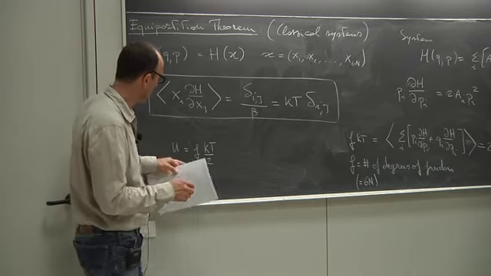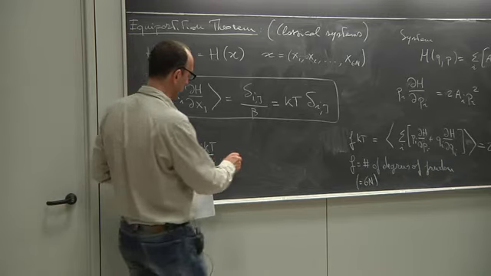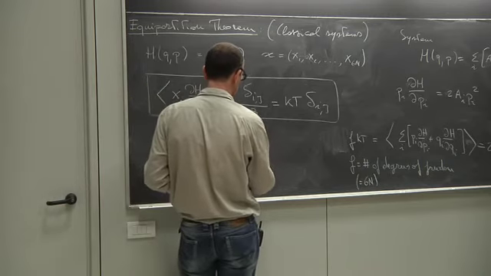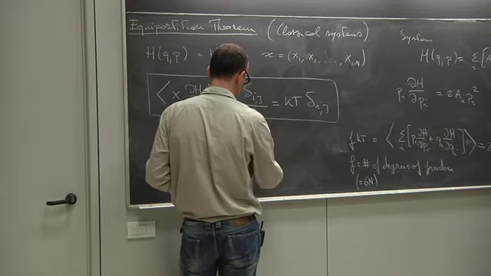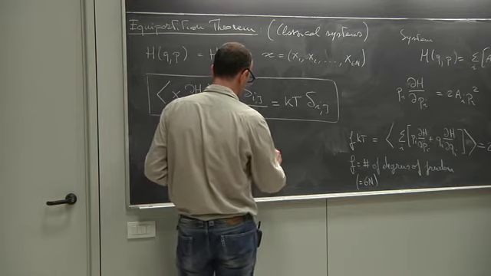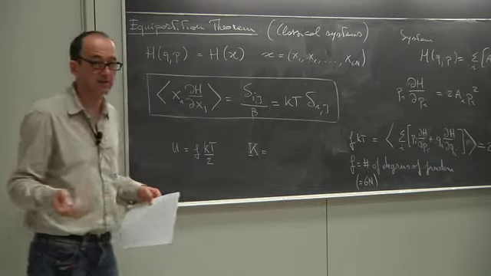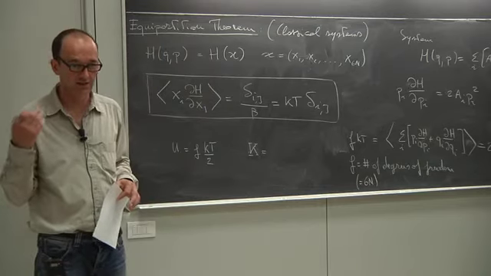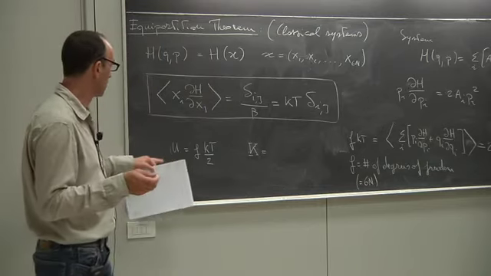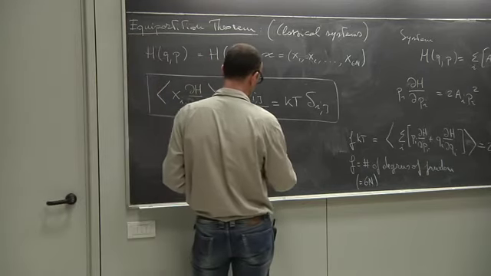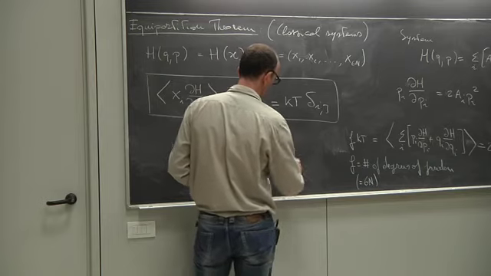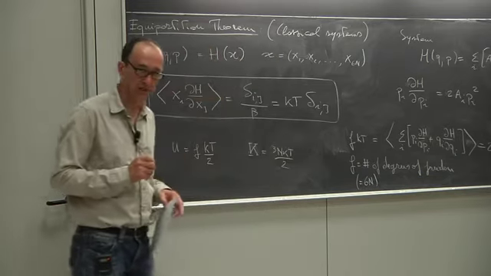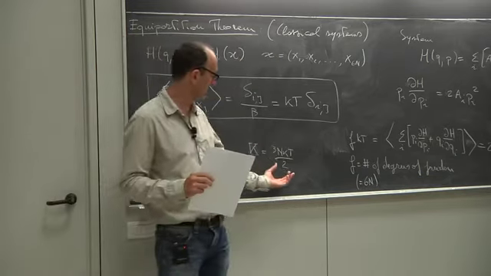So in particular, this tells you that there should be a contribution which is equal to the kinetic energy, let me call it K. For classical non-relativistic systems, it should always be equal to 3n kT over 2.